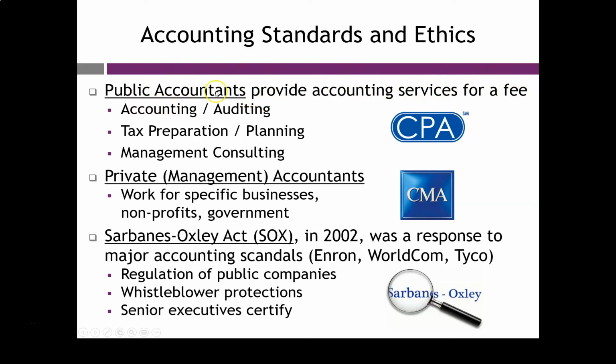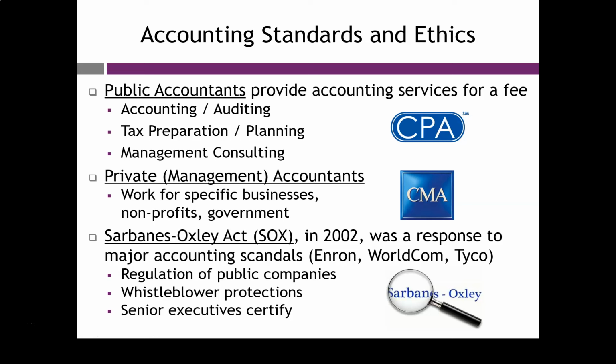You might have heard of the designation CPA. If you're a public accountant, you can get the CPA designation, a certified public accountant. And public accountants typically perform three main services: auditing, they audit books, tax preparation and planning, and management consulting.